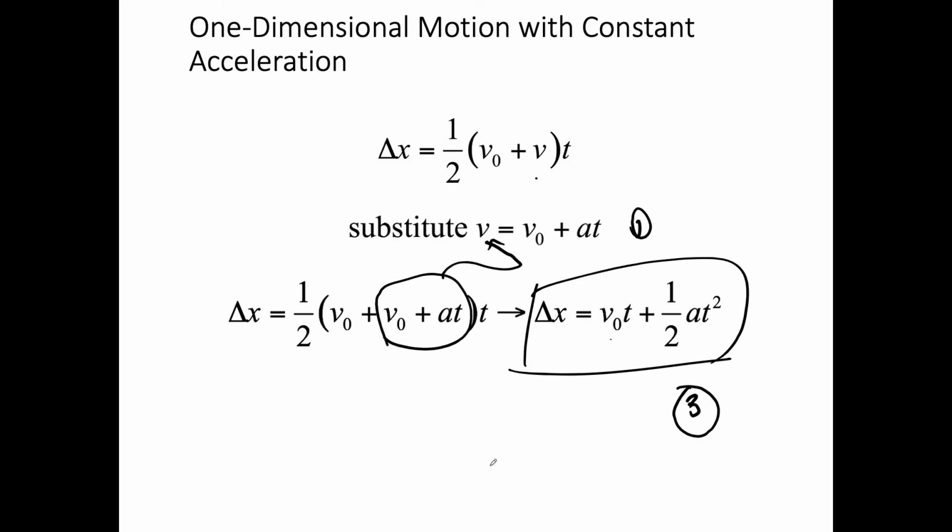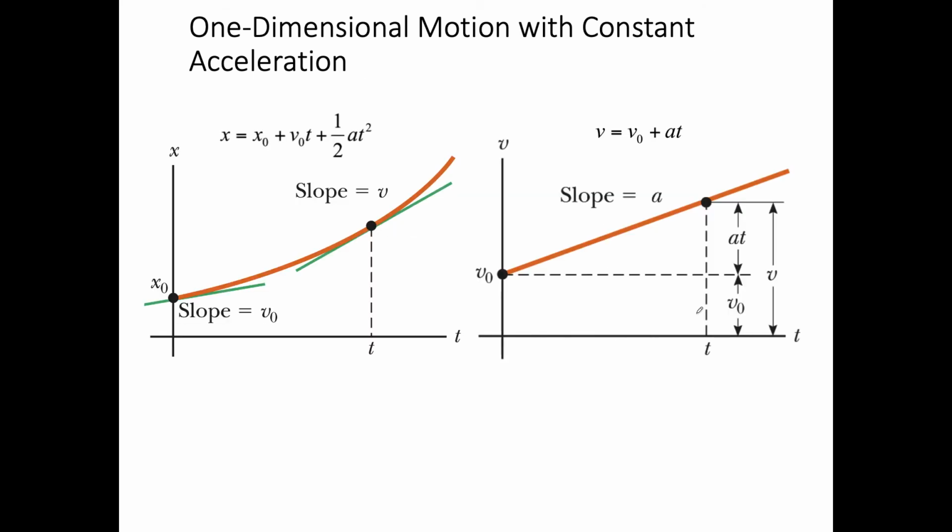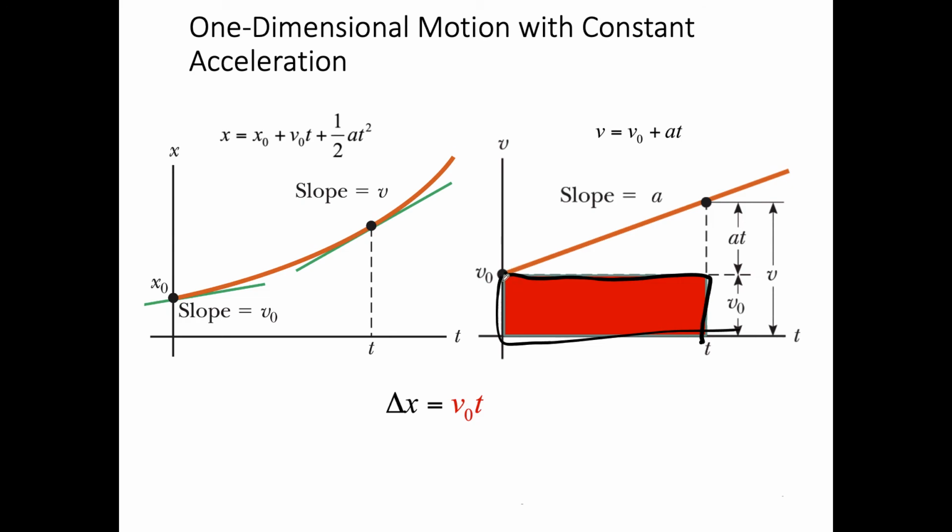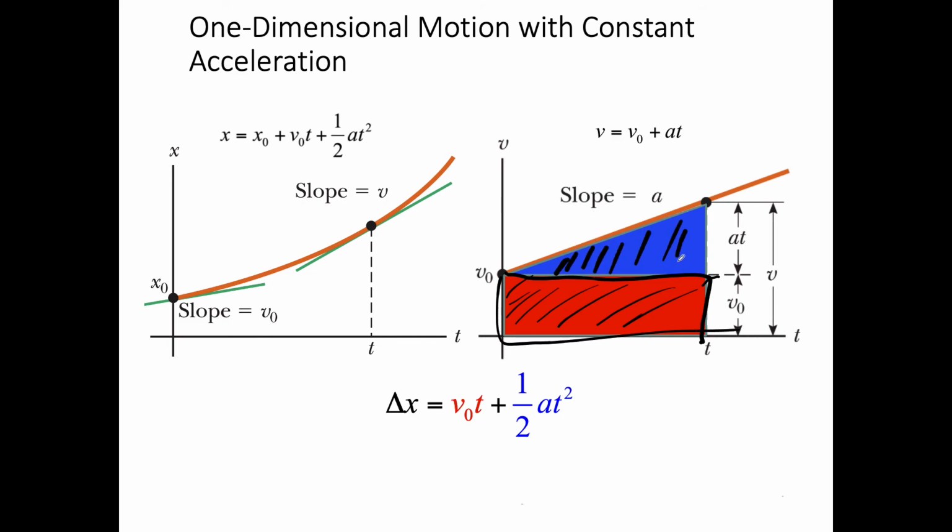The displacement of a constant acceleration motion equals initial velocity times time plus 1/2 at squared. And the interpretation: this is the initial velocity, this rectangle times time is v0t. And 1/2 at squared gives this blue triangle.